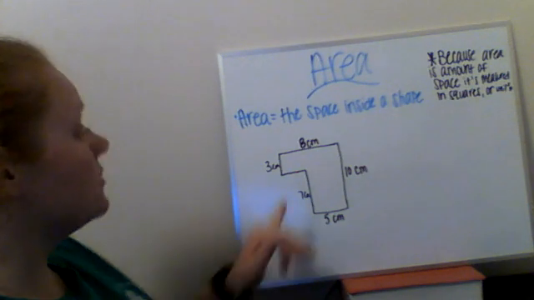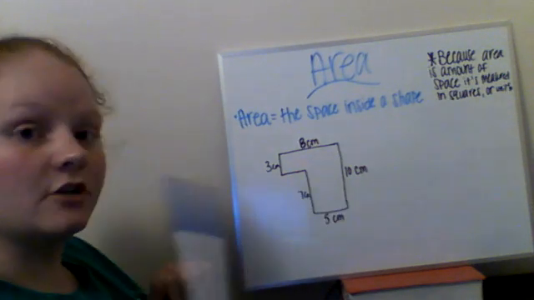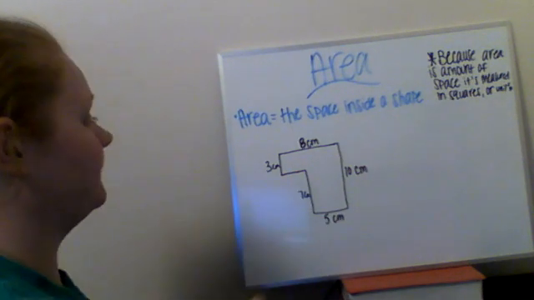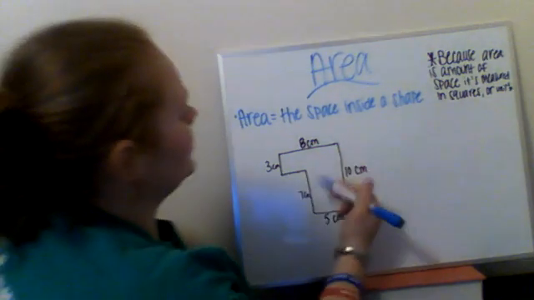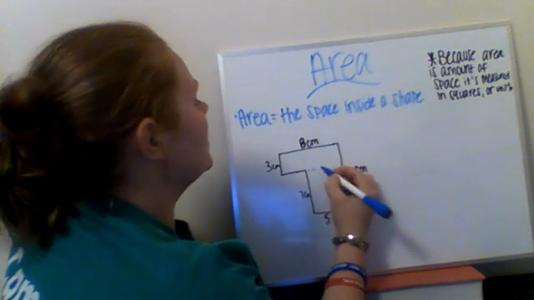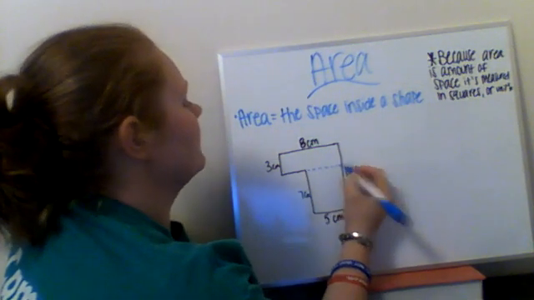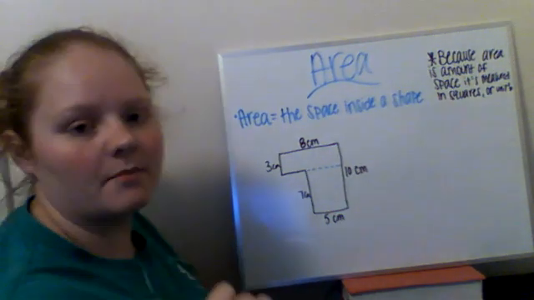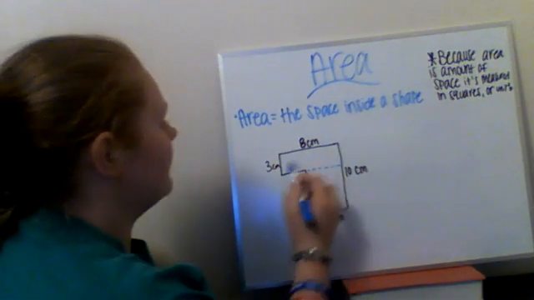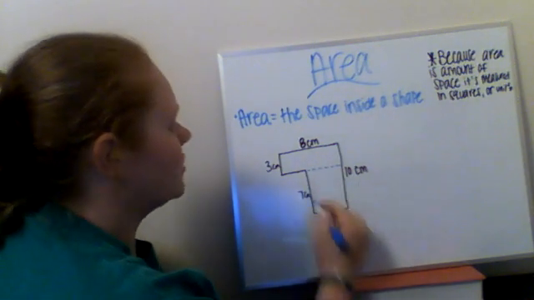If you use your imagination right here, because it's an open shape, if I was to draw a little line right here, right in the middle, up at the top, you could see I have a rectangle and a square.